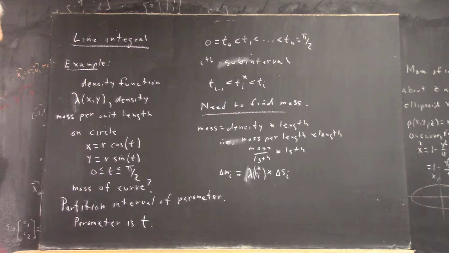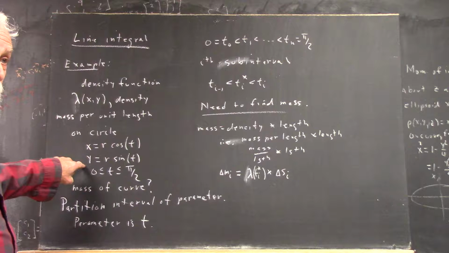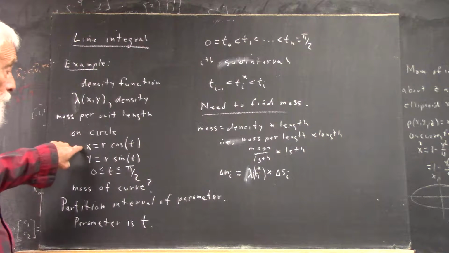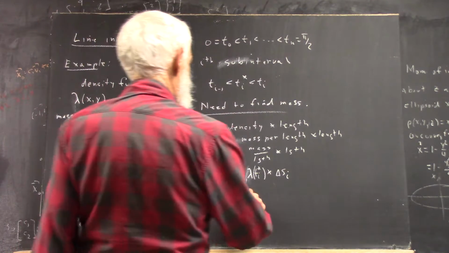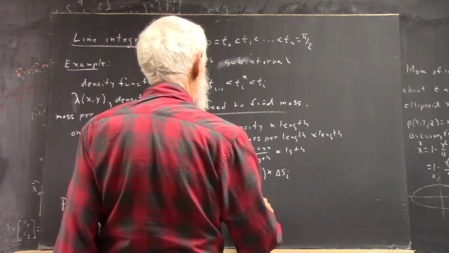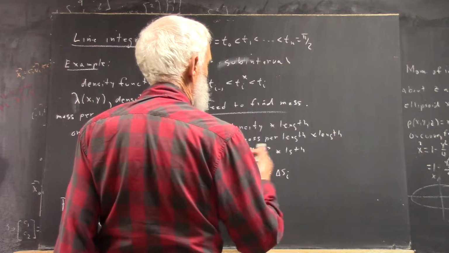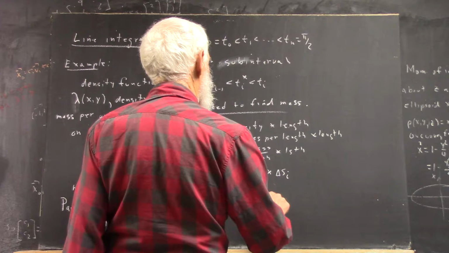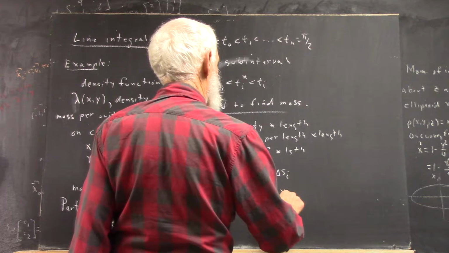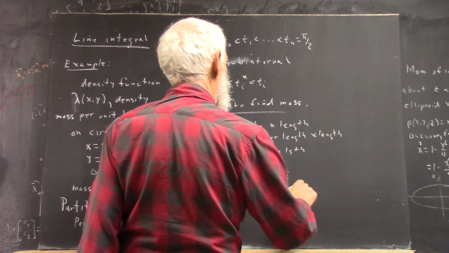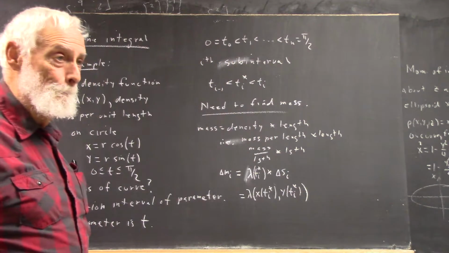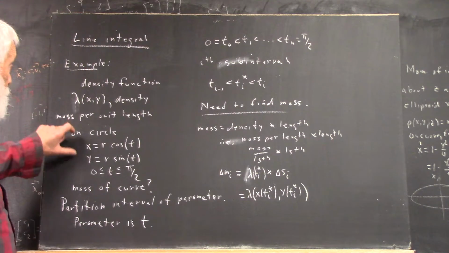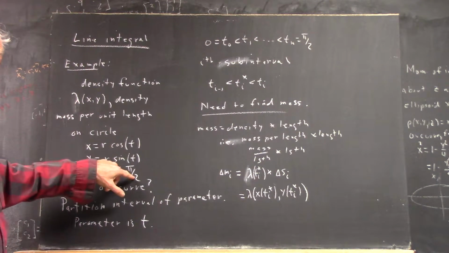But density is defined in terms of x and y, right? So first of all, lambda of t i star is lambda of x of t i star, y of t i star, because lambda is defined in terms of x and y, not t.